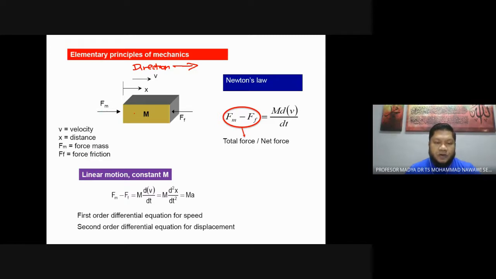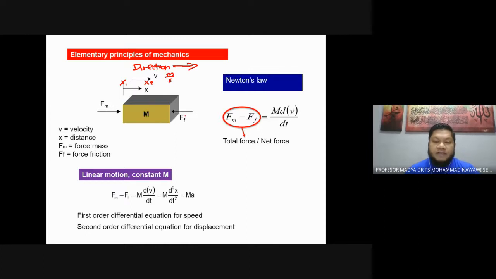You push the object from this angle, so you push towards the direction, and there is a change of position from x1 to x2, for example. So there is a distance of x, and v is in meter per second, the velocity of the moving object here.